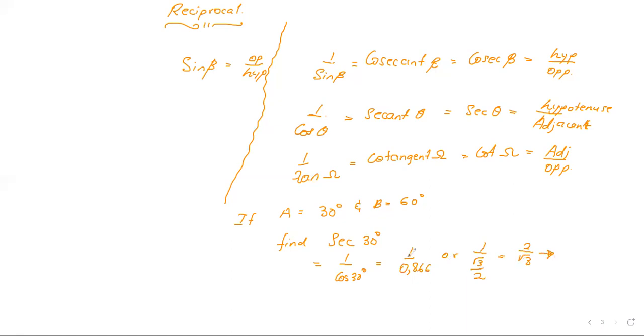Or you can punch your calculator and see what you have. 1 divided by 0.866 gives you 1.15 in decimals. In surds, that will be your answer.